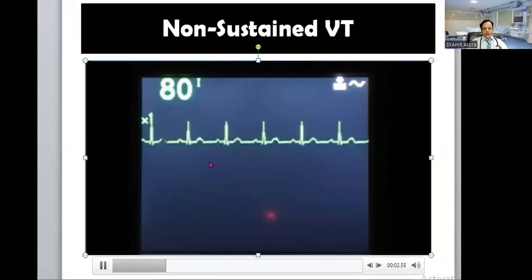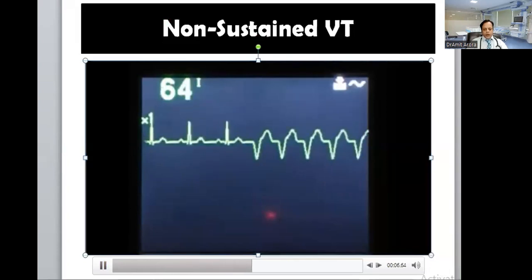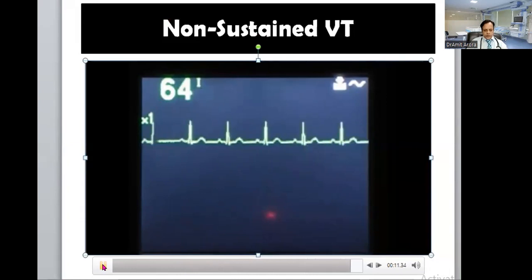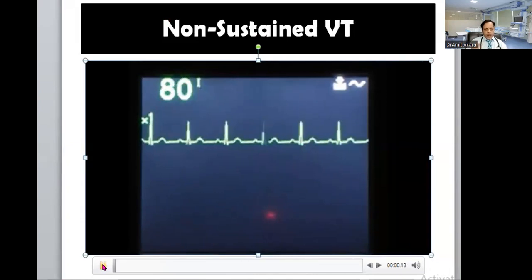This is normal sinus rhythm. Now look here. These VT complexes suddenly appeared, and as I resume the play, it gets resolved. So VT appeared and was gone.